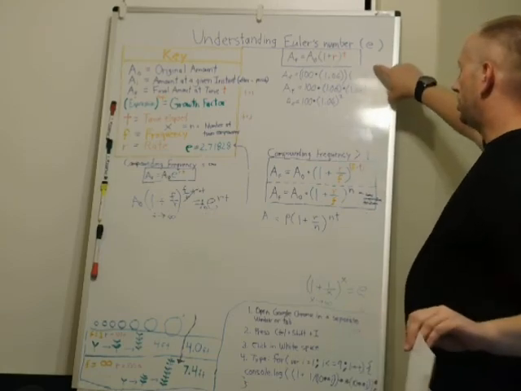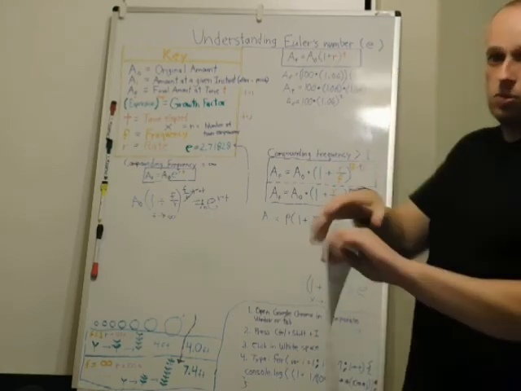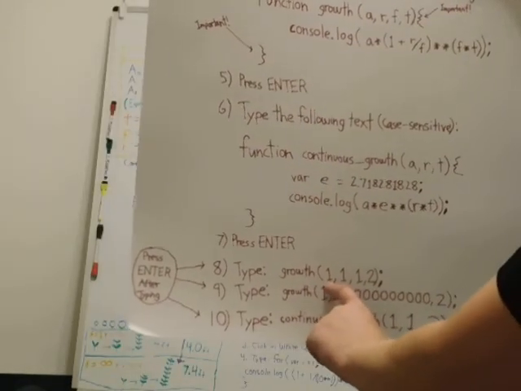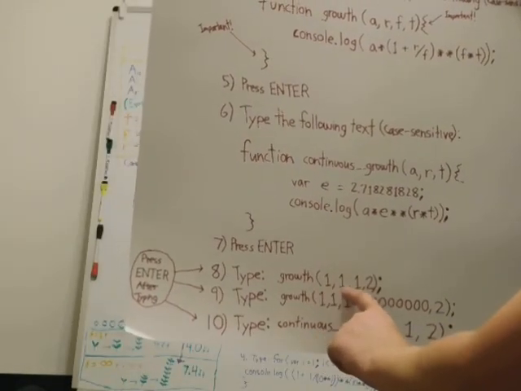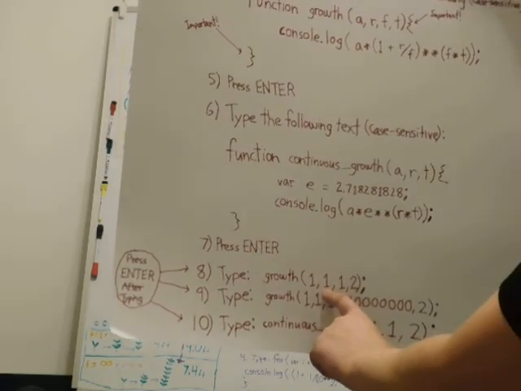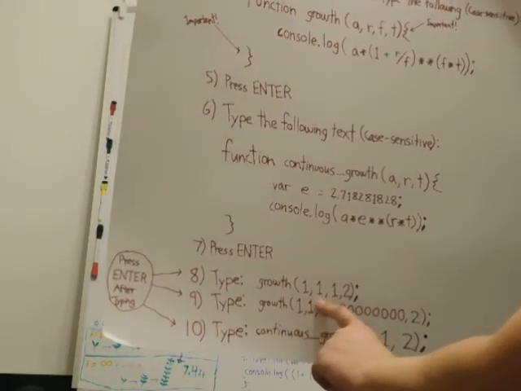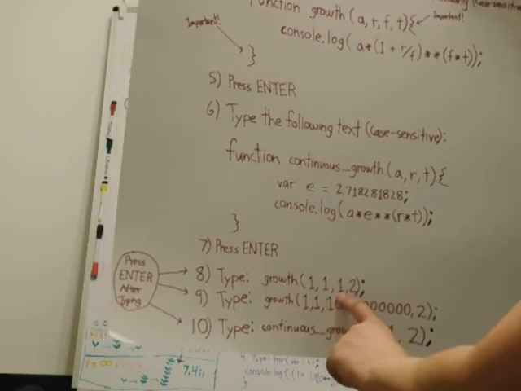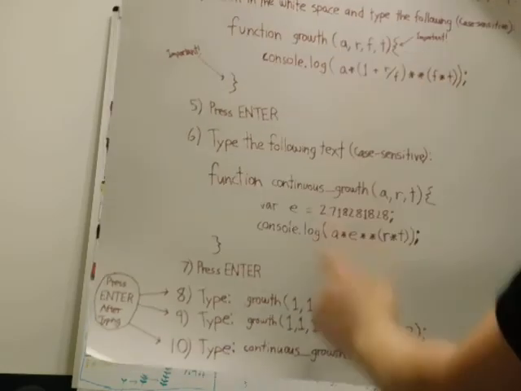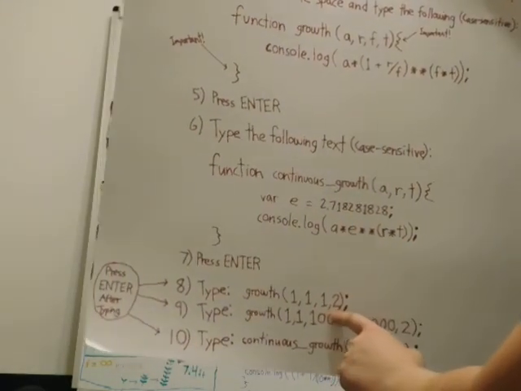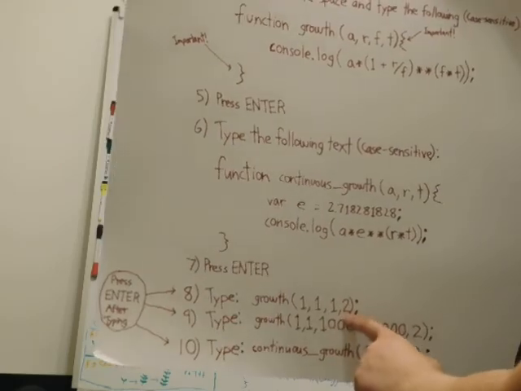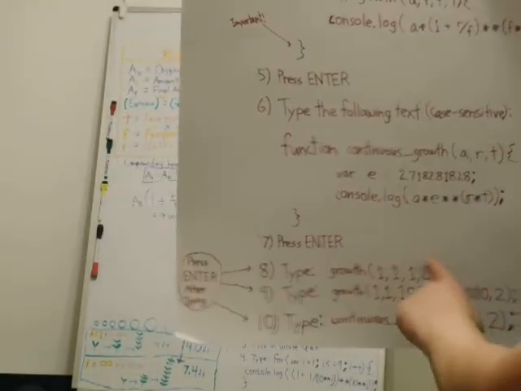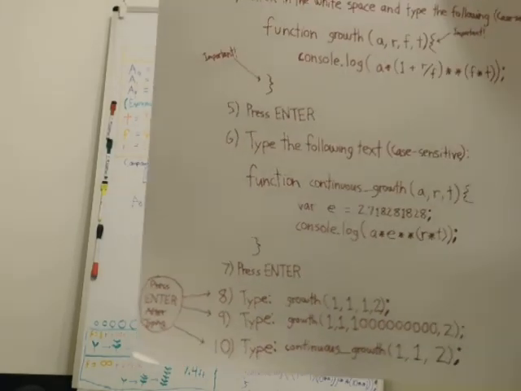In this case, we're using 1: 1 as the 1 foot for the plant, then 1 for the rate, which is 1 times its height each day, and then 1 for the frequency, because we're doing it 1 time per day. And this is for 2 days, right? Because that's what I did down there. If you put this amount in, with the parentheses and the semicolon here, you get 4, right?